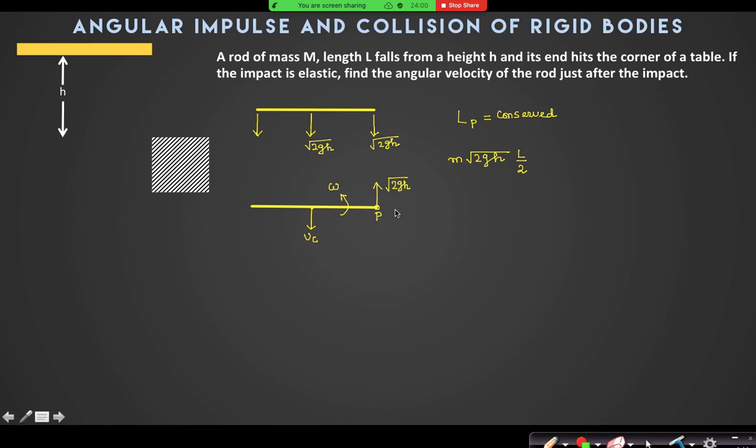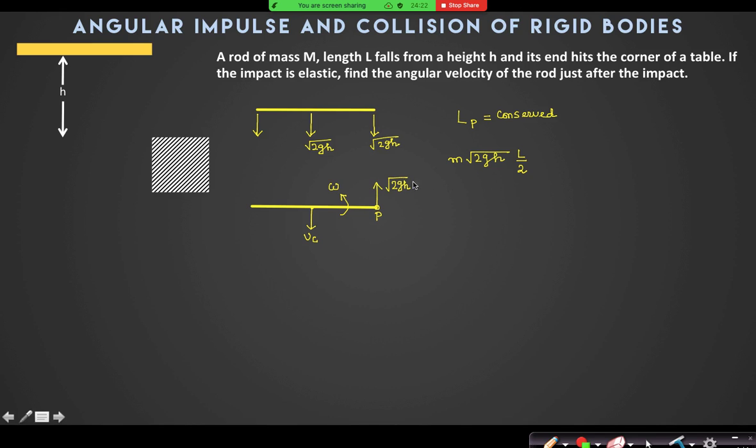Sir, but don't we write the velocity of the center of mass while conserving momentum? Yes, definitely. In conserving linear momentum, always take the center of mass velocity, but the coefficient of restitution solely depends on the velocity of the points of contact. Yes, sir, understood.